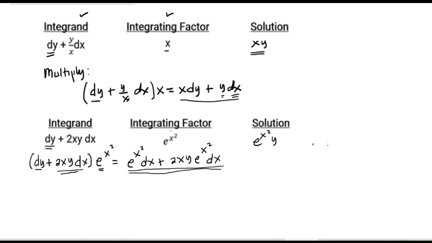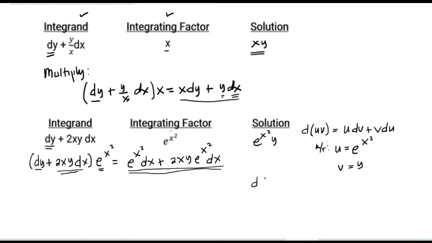But anyway, for this solution, we will have to review the product formula. As I recall, the differential for uv is equal to u dv plus v du, where our u is e raised to x squared and our v is y.